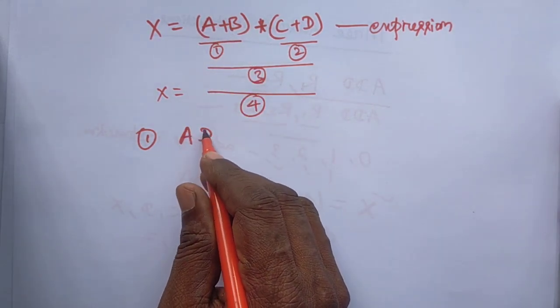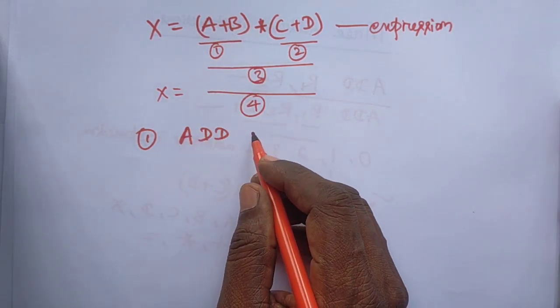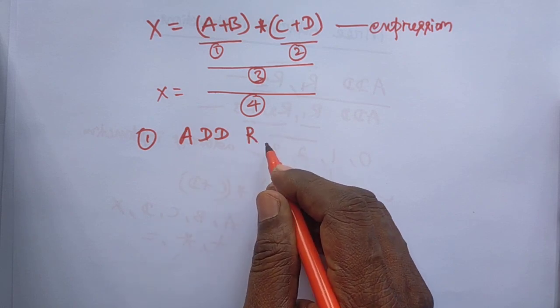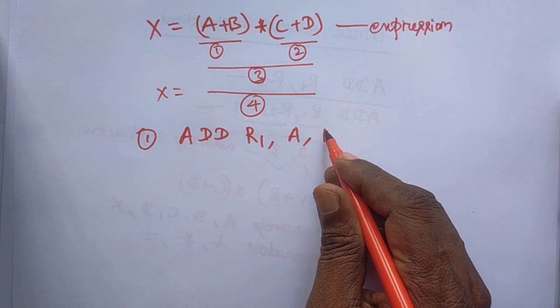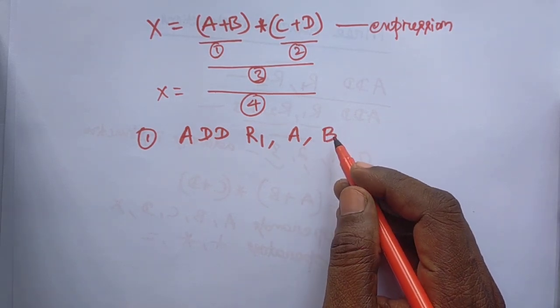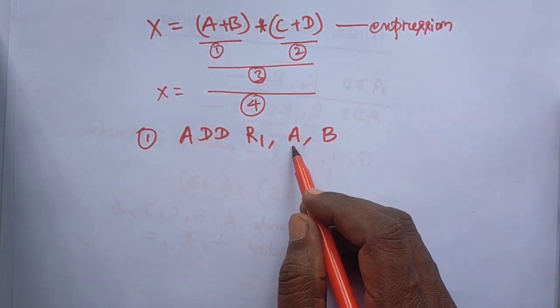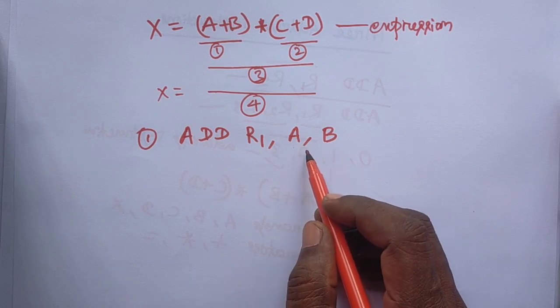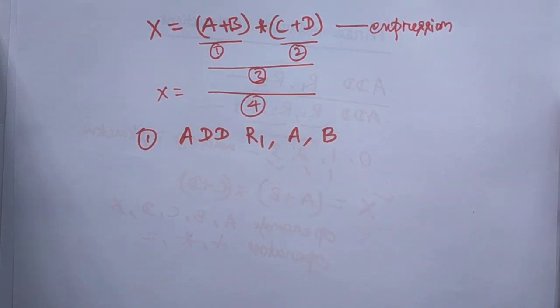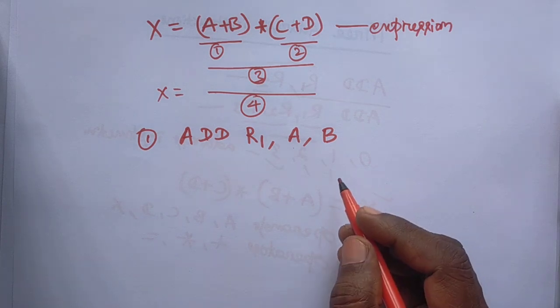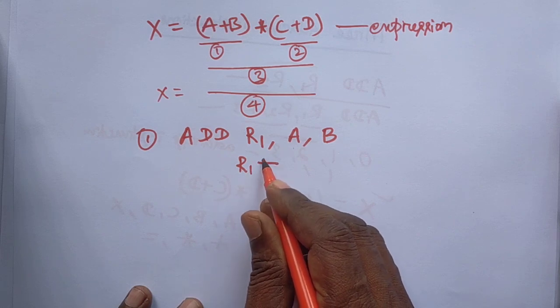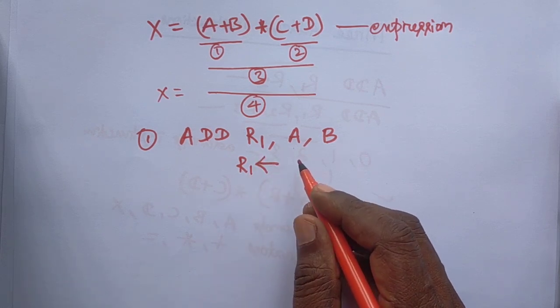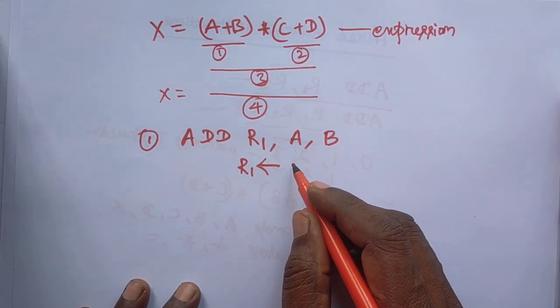So very simple, add. We can take one register where it will store some data, and the operands are A and B, 2 operands, and the sum of those 2 operands is stored in R1. Okay, stored in R1. That means R1 is equal to the sum of the data, which is memory data actually.